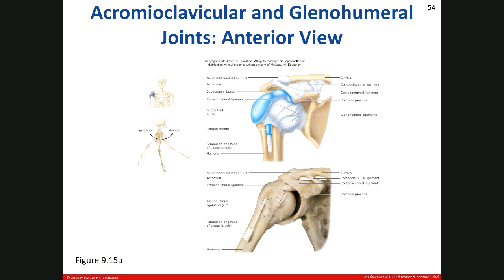But if we move over here, here's the glenoid labrum. It's tough to see, but it makes it a little bit deeper. If this was just bones, you wouldn't have this structure here. So there's the glenoid labrum, and that adds a little bit of depth to our ball and socket joint.